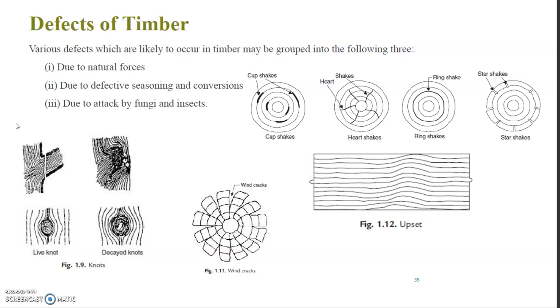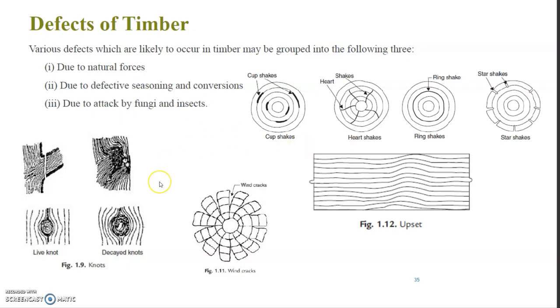Through either of these, the timber gets defective. Then finally, during its final customer application stage, due to attack by fungi and insects, it is further deteriorated. So these are the three categories under which we can understand the defects of timber.